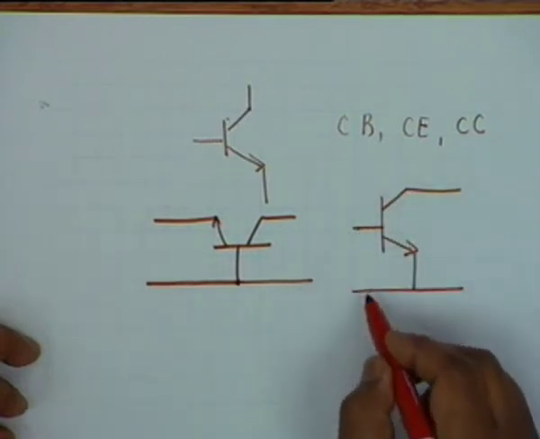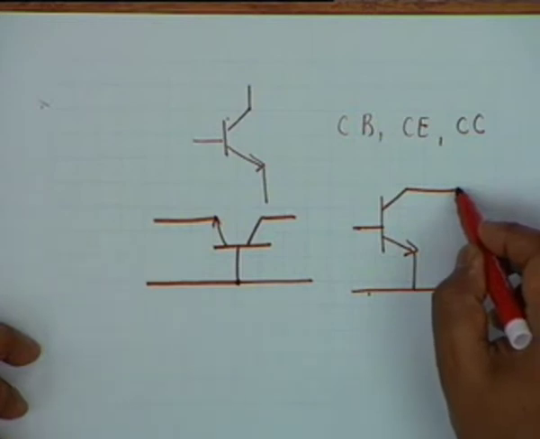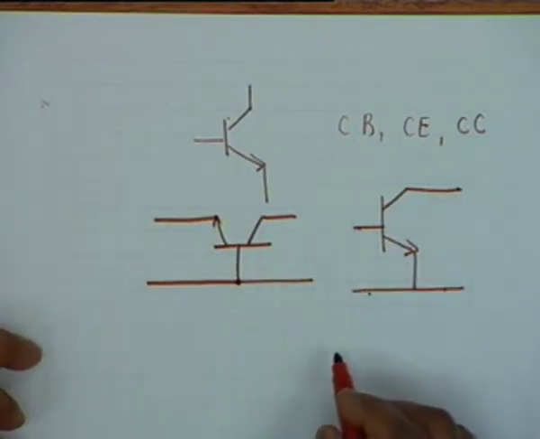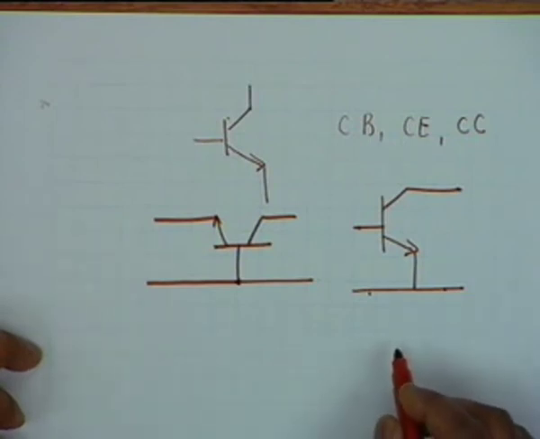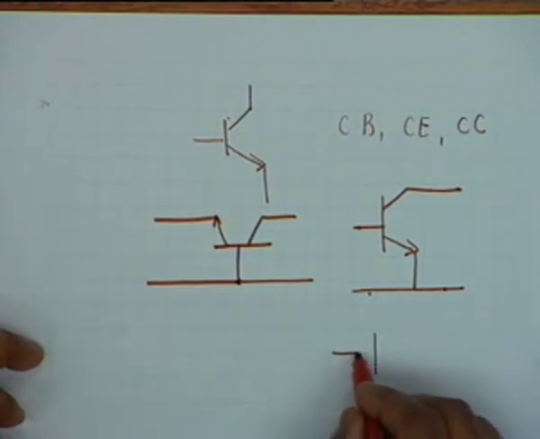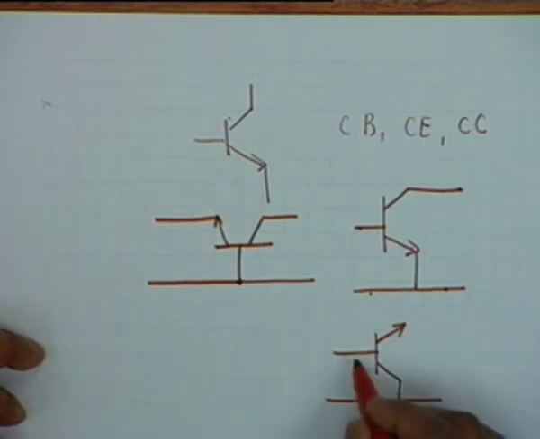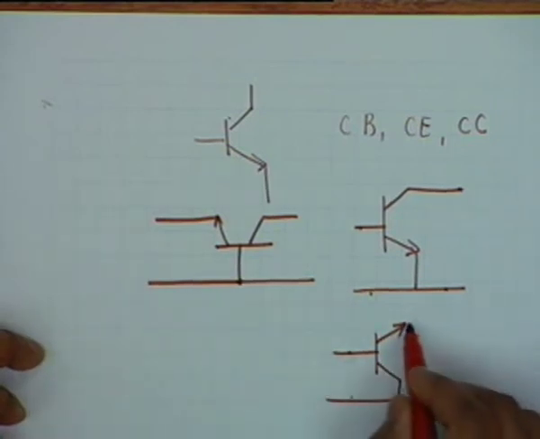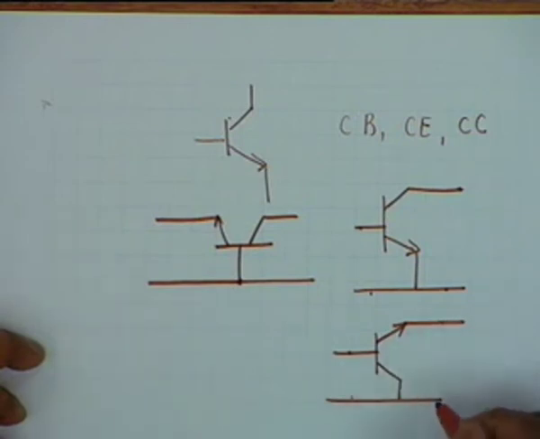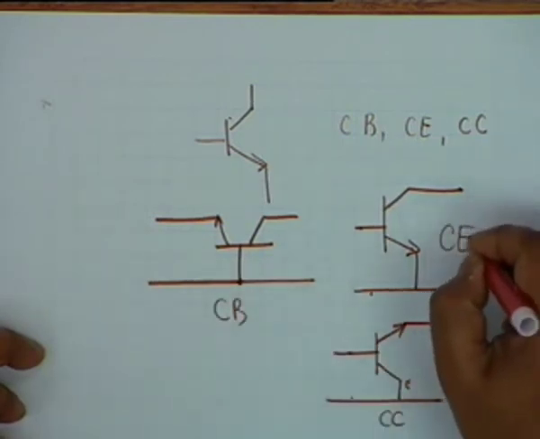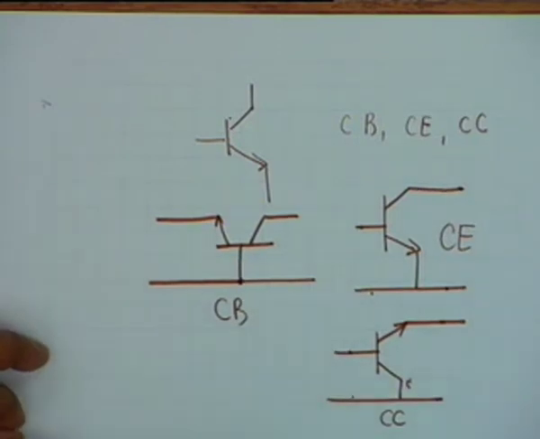Input is between base and emitter, output is between collector and emitter, and similarly you could have a common collector amplifier where the input is between base and collector and the output is between emitter and collector. This is the collector. This is called CC, common collector. This is CB, common base, and this is common emitter, CE connection.